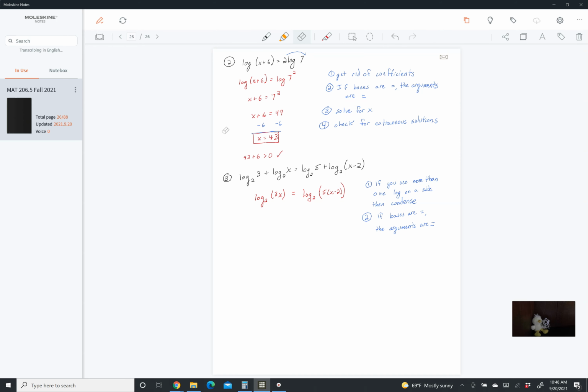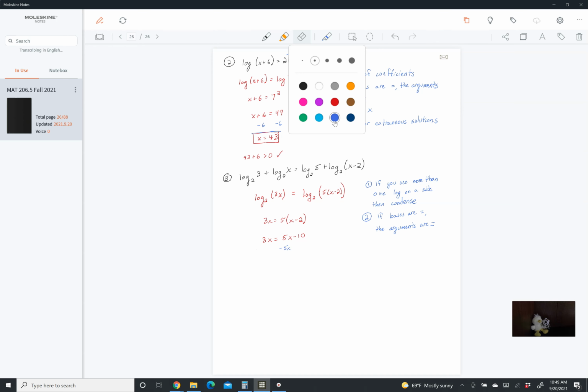So we have 3x is equal to 5 times x minus 2. And if we solve this, we're going to distribute the 5. So 3x is equal to 5x minus 10. And then we can just subtract 5x from both sides.